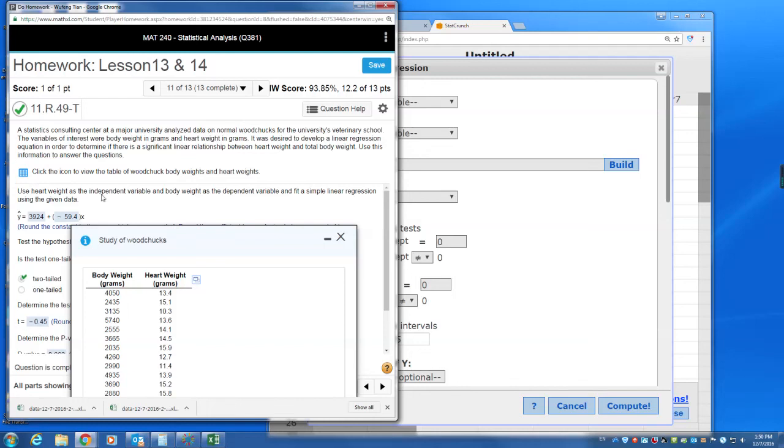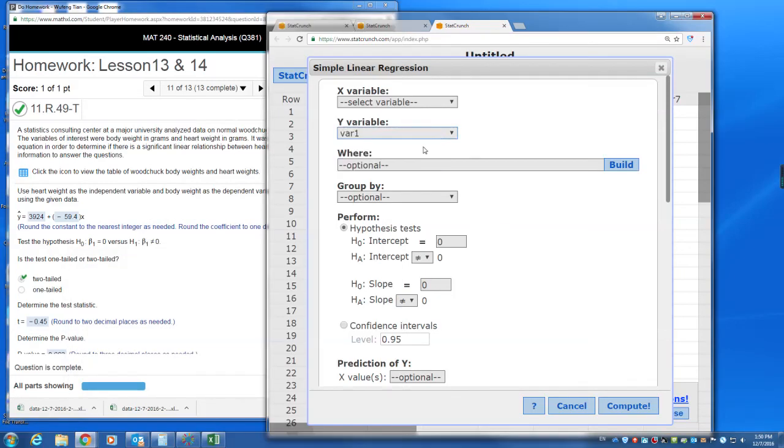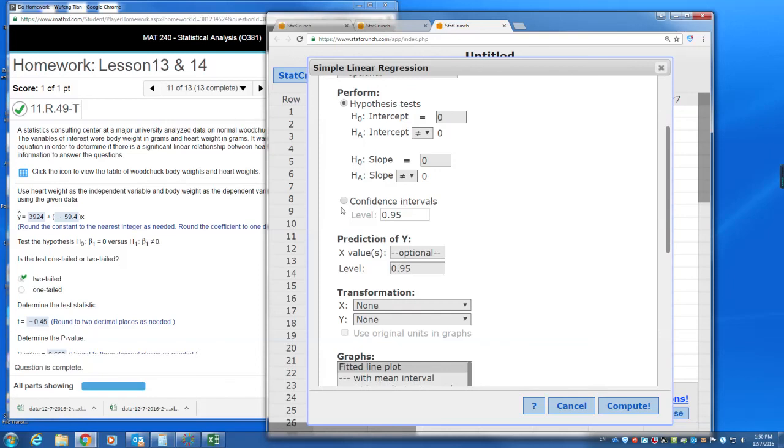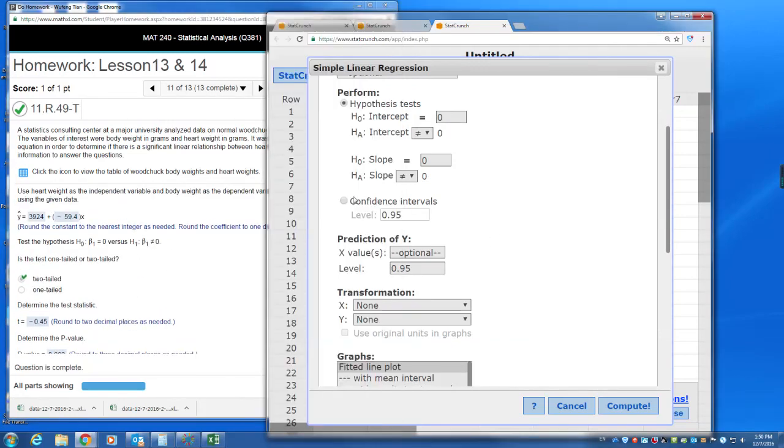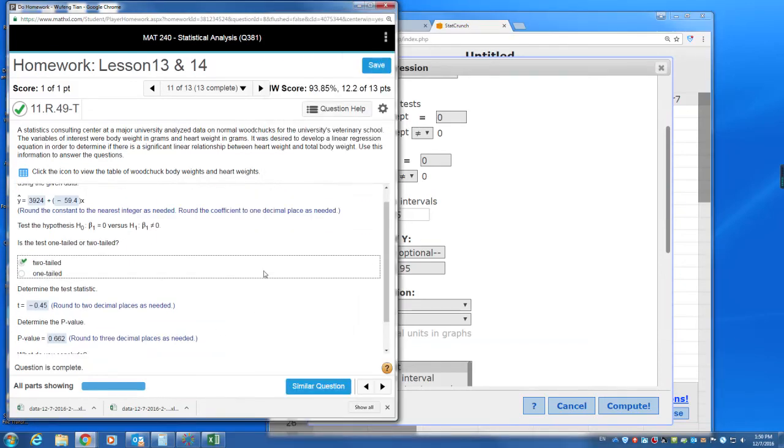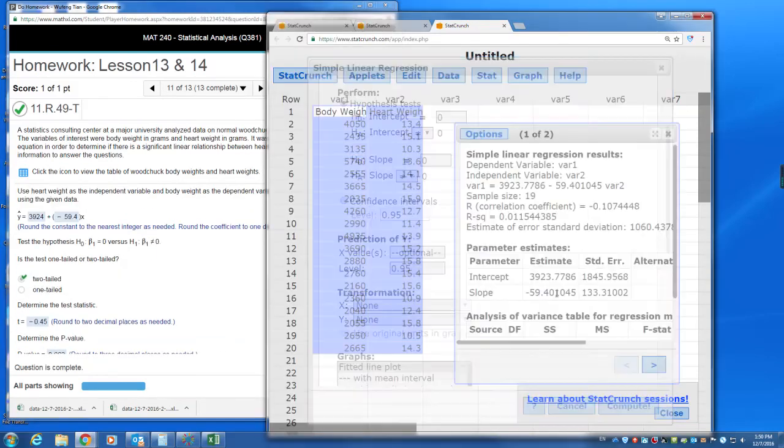Heart rate is the independent variable, X, and Y is the dependent variable. So I need to check that Y is variable 1, X is variable 2, and then two-tailed test, t-value. Okay, confidence interval. It doesn't ask me for a confidence interval, so I just do this and compute.